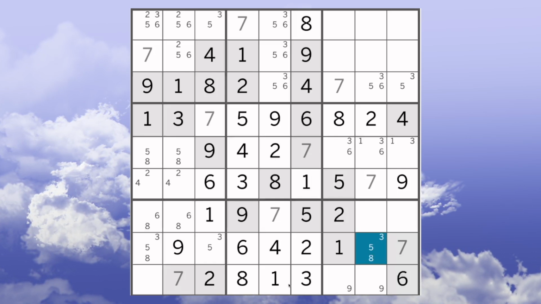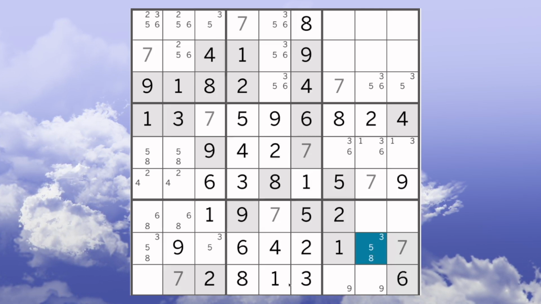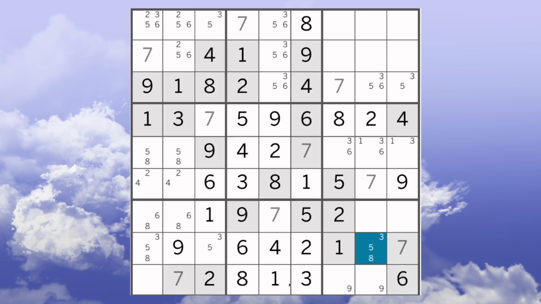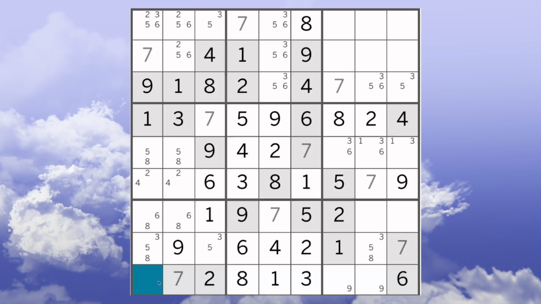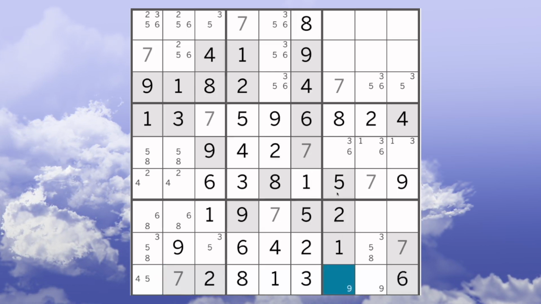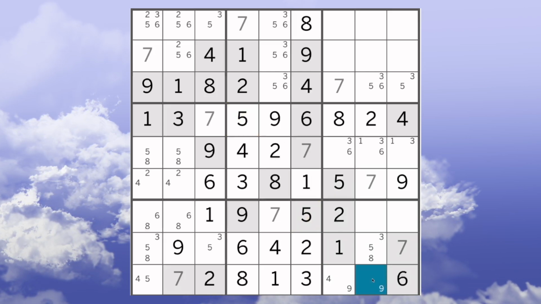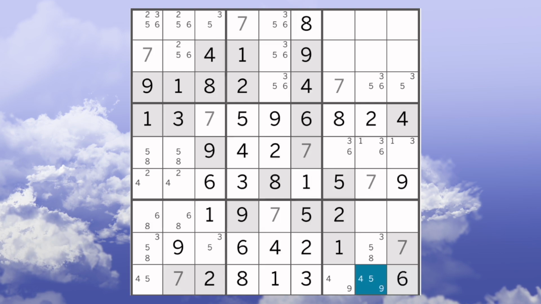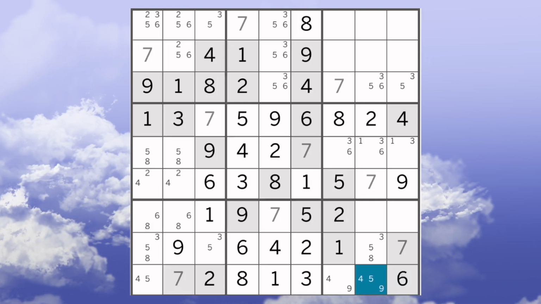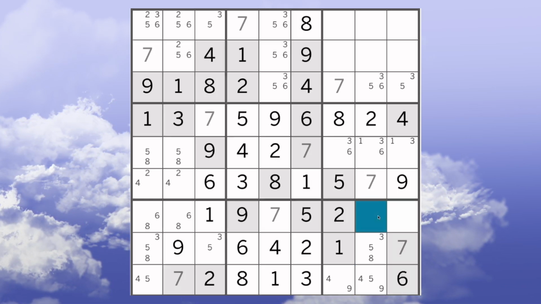Let's look at this bottom one. We're missing the 4, 5, and 9. So this one has to be a 4 or a 5. That one can't be a 5, but it'll be a 4 or a 9, and this can be either. For this block, the 3 could also be at the top.